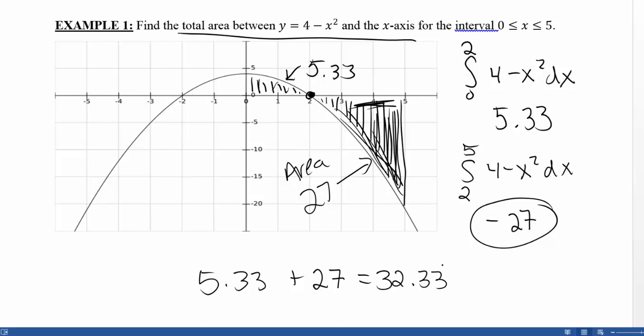And that's because it would have taken this positive area and added it to negative 27, which is not what I wanted here. I wanted the total area, which was the sum of the positive areas. So the wording here is very important. But let's look at some examples where we are going to evaluate negative and positive areas together and see how that would look.